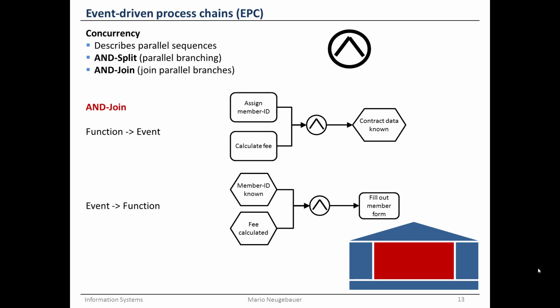The same with the first sequence, with the first AND join. You have to finish both functions, and if you are finished with only one function, you're not allowed to go to contract data known. You have to finish assign member ID and calculate fee.